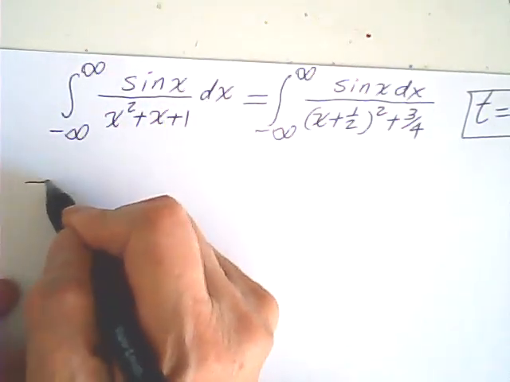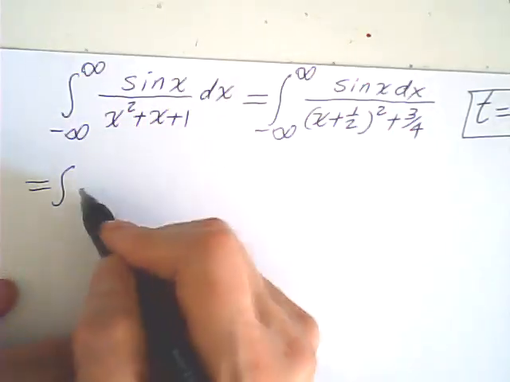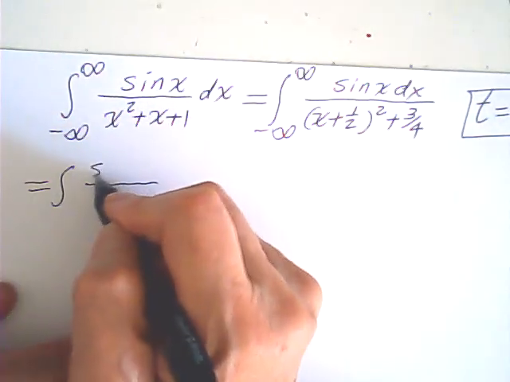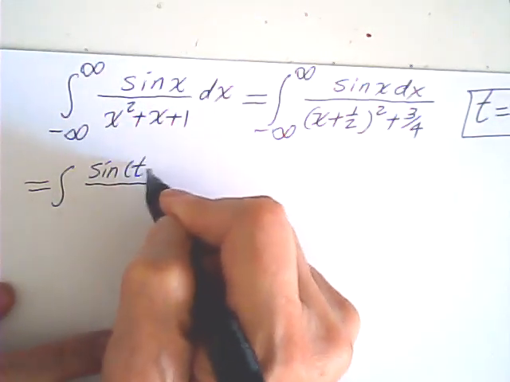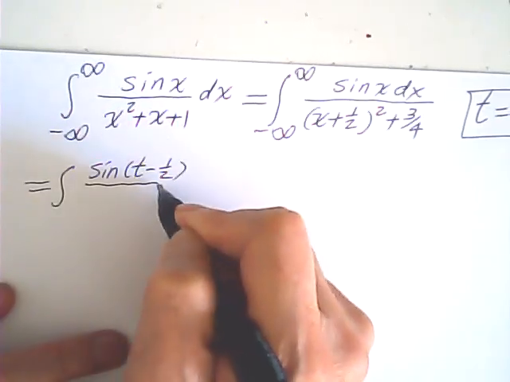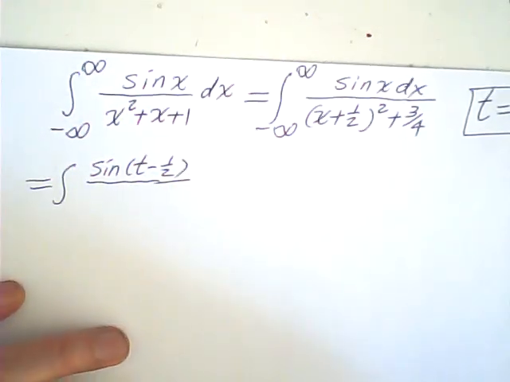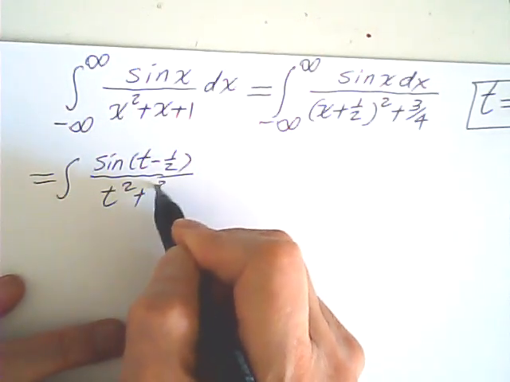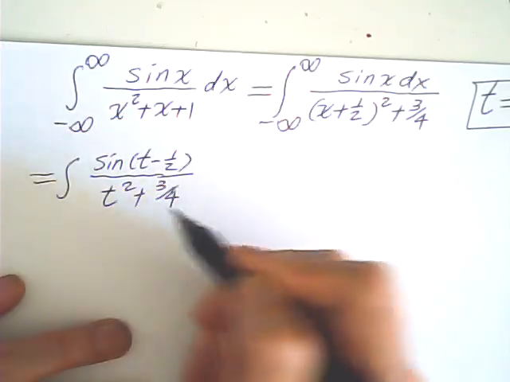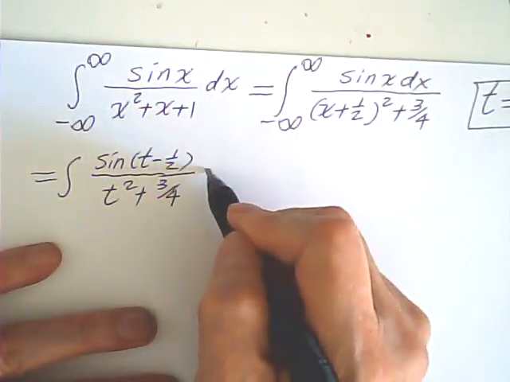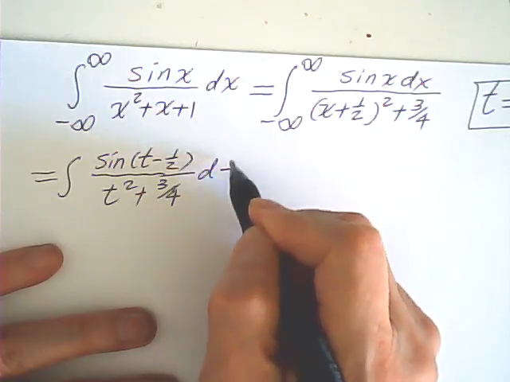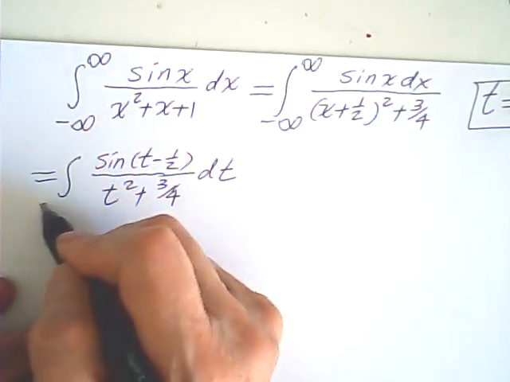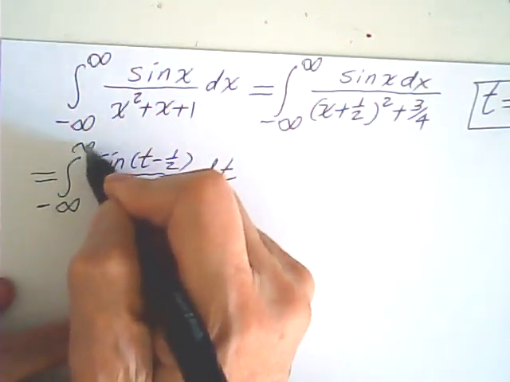So my integral becomes: sine x will be sine of (t minus half), right? And the denominator will be t squared plus 3/4. And dt is dx, and the boundary has no change.